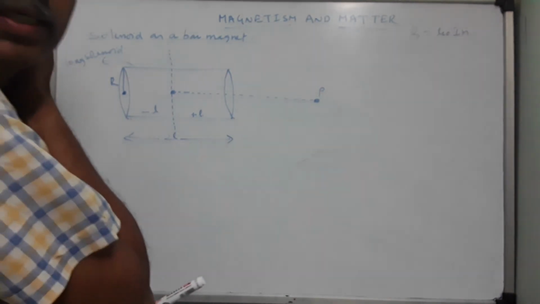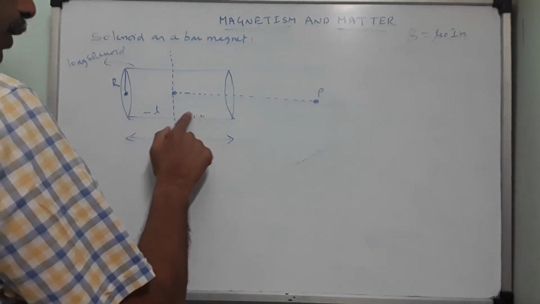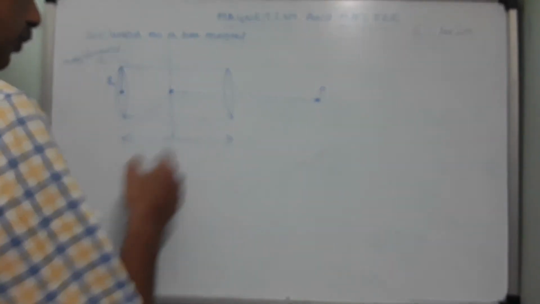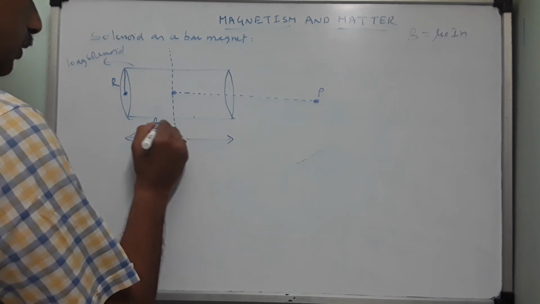For that we require what? A small current element. So let me write this, children, in the bottom, so it will be easy for you to understand.